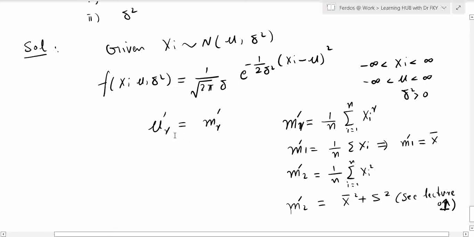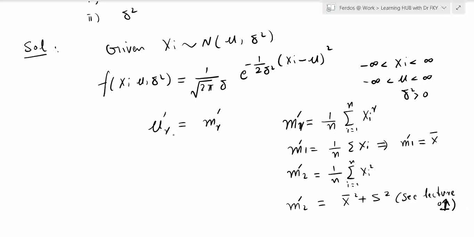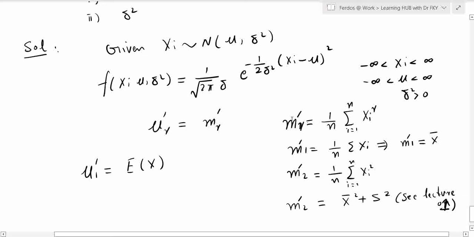Now we need to calculate mu r prime. For mu1 and mu2, we can calculate that mu1 prime is equal to E of x. Again, for detail, I recommend lecture 1 of the series.